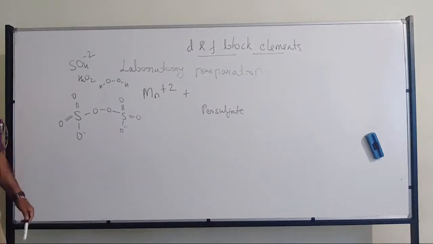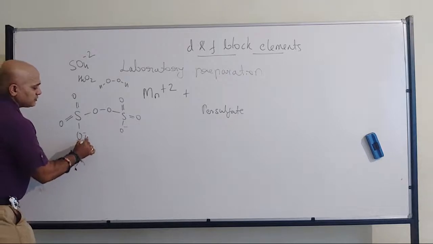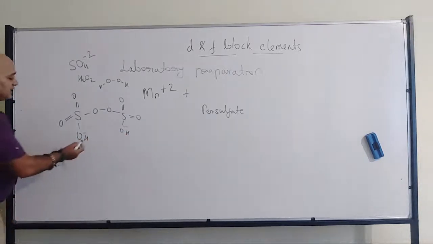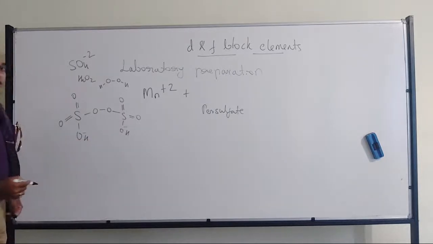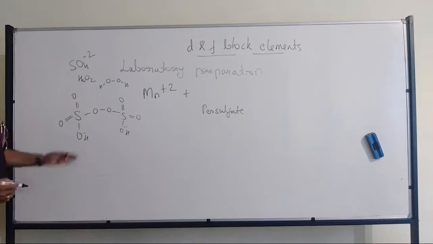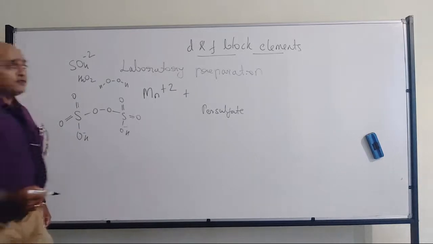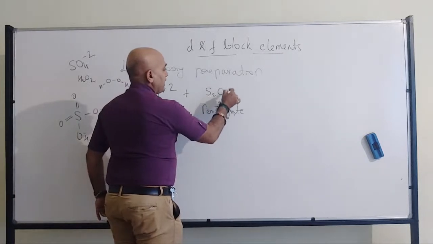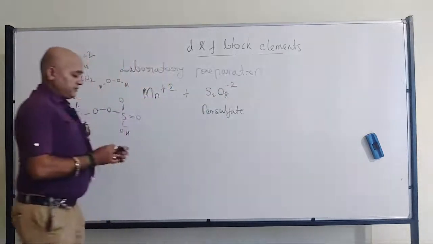Fine. Now hydrogen persulfate, I can write it as 2 hydrogen. Potassium persulfate, I can write it as K here. So that's where we have the persulfate ion. So what should be the formula for persulfate? It should be S2O8 minus 2.